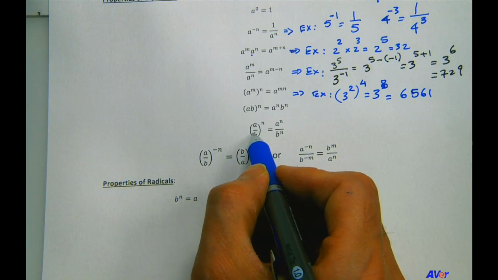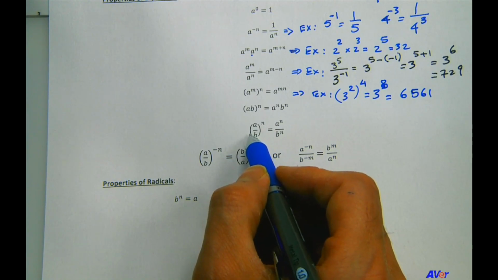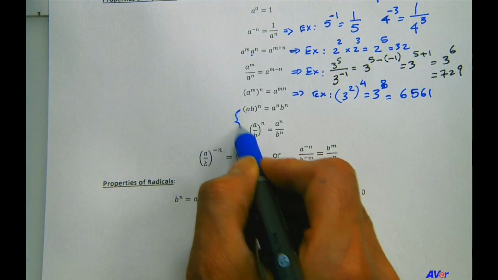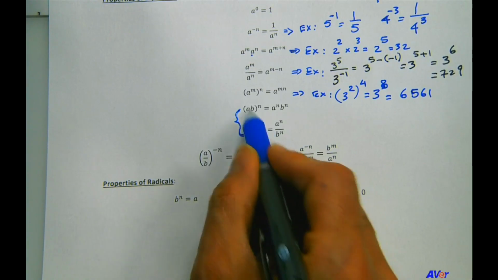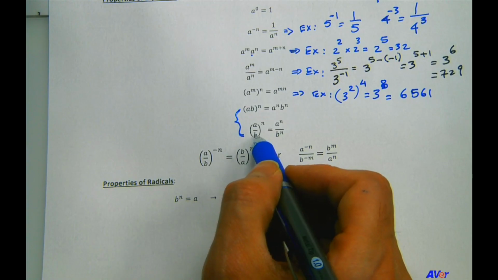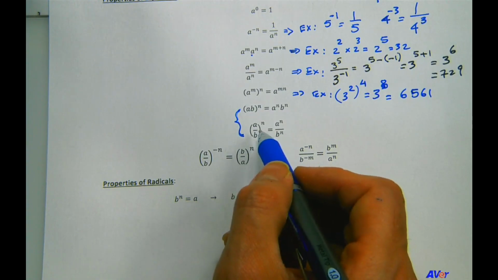If you have subtraction or addition, please, I've seen that many times, these two rules only apply to terms that are being multiplied and divided. They do not apply to terms that are being subtracted or added.